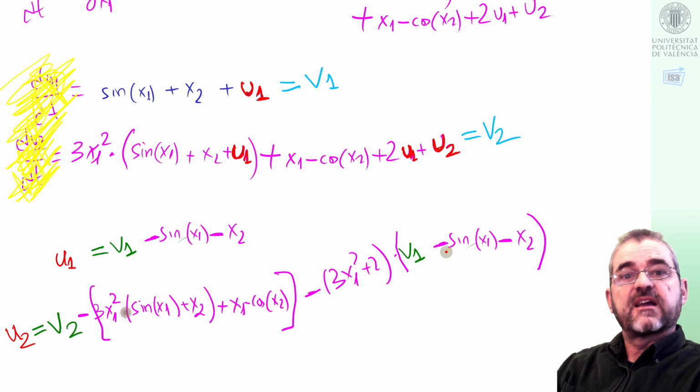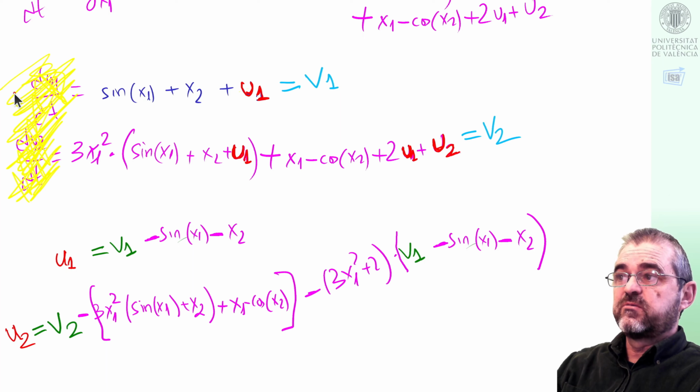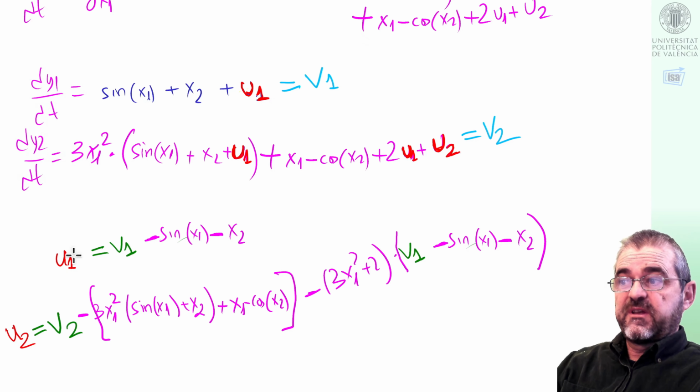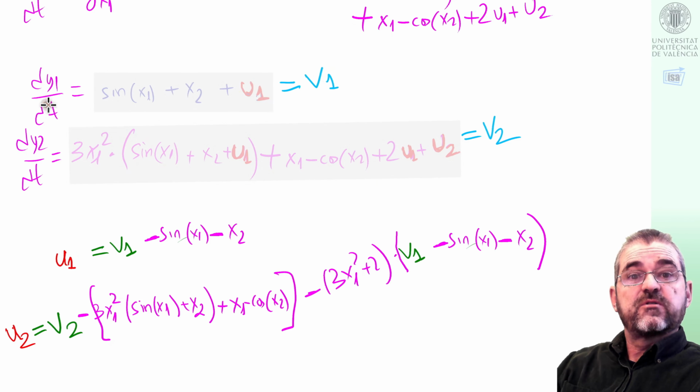So we finished that second stage, and now it's almost done, in the sense that now it's the time to recall that if I replace u1 and u2 with these expressions, then the derivative of the first control variable will be v1, and the derivative of the second control variable will be v2.